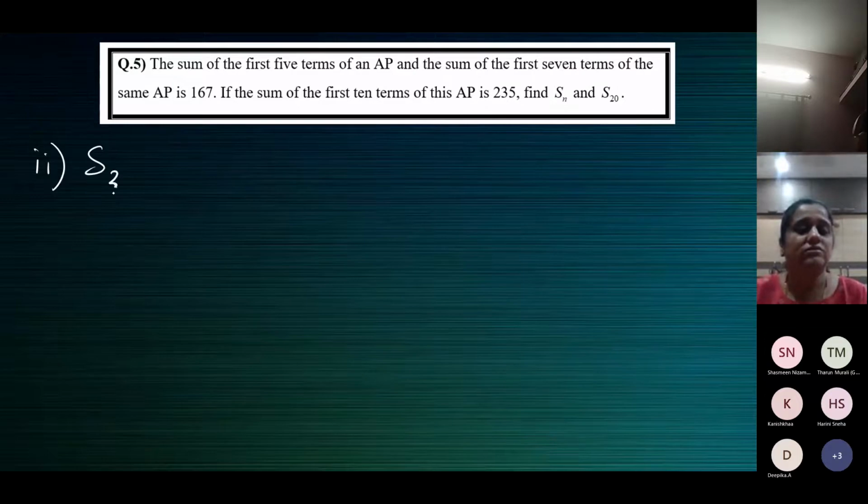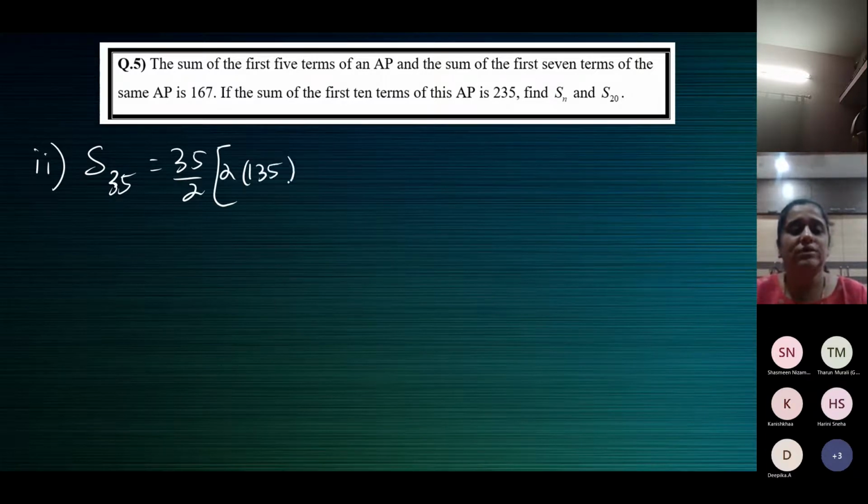S35 is equal to 35 by 2 of 2A plus (n minus 1) D, that is 35 minus 1 into D, 25.